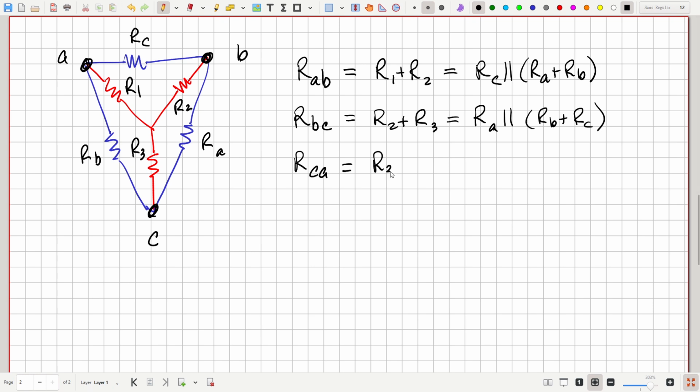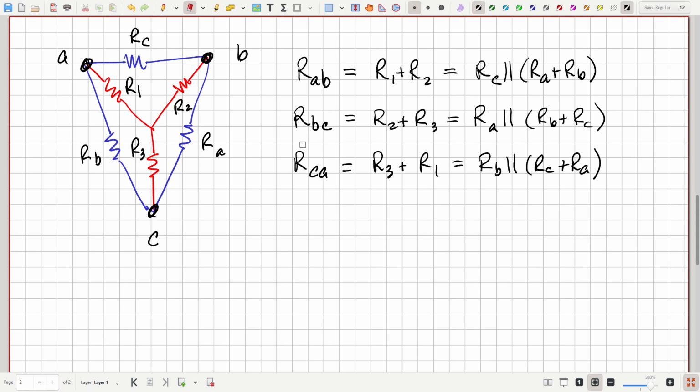This would be R3 plus R1, and that would be equal to RB parallel RC plus RA. And there you go. So if we can satisfy these conditions, then these two networks of three resistors will be equivalent, and we can exchange one for the other in any circuit. And this is the delta Y transformation.